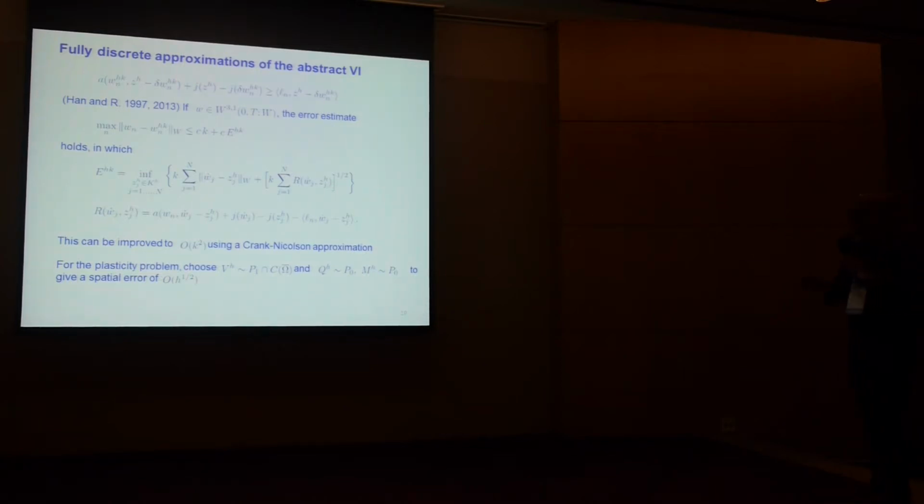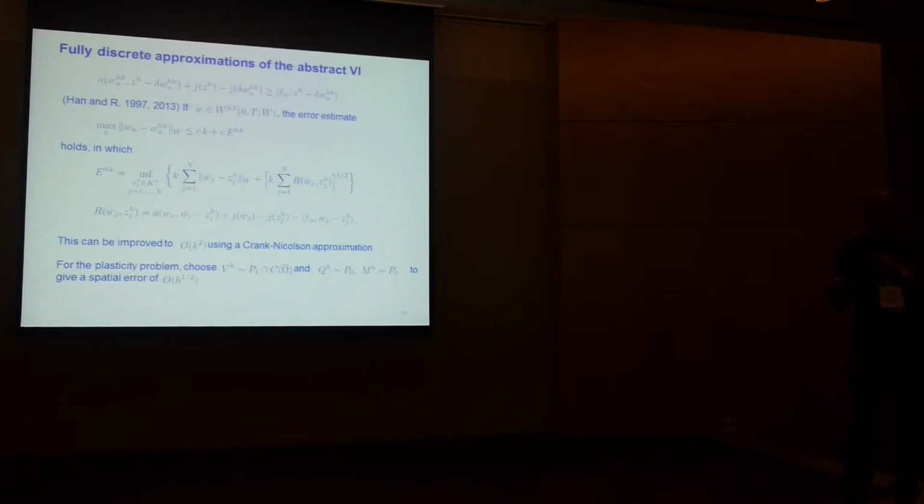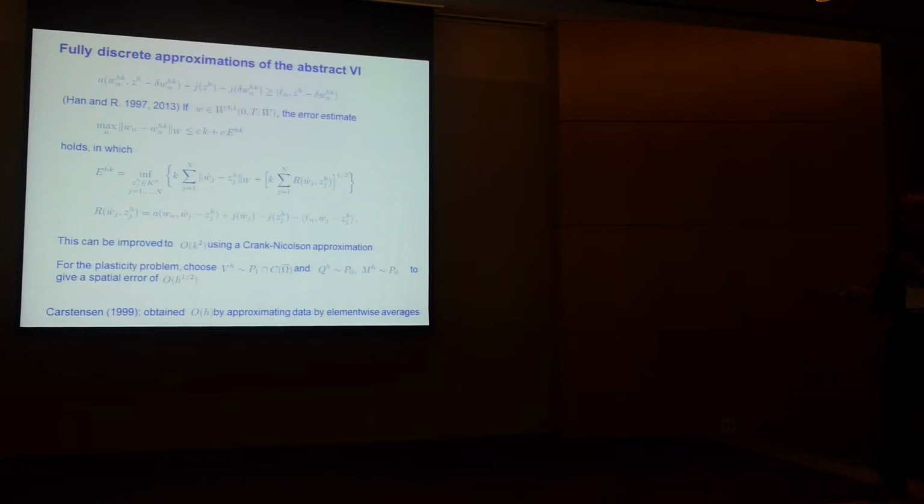One can obtain an error of order h, which in a way is what you would want, which is what one would regard as optimal. Carsten some time ago showed that by approximating the data in a certain way by element-wise averages and so on, and some further hard work, one could in fact, under certain conditions, obtain an optimal error.